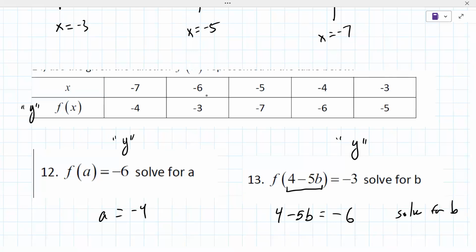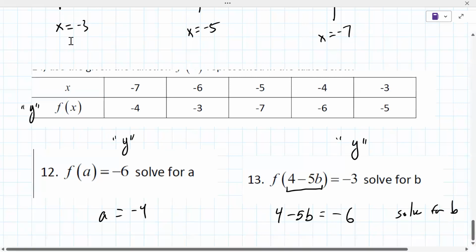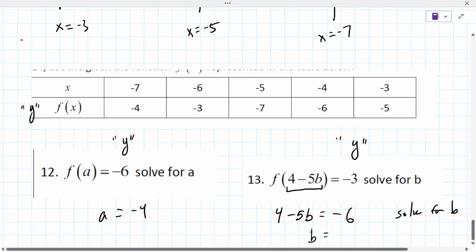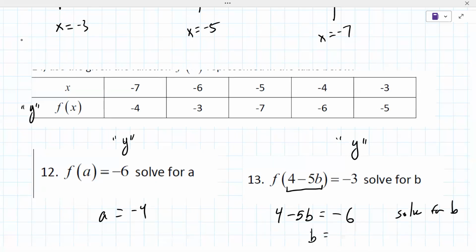So if you don't mind, would you solve that for b, please? Let's see. First off, it would be 5 equals negative equals 2/5. Try again. It does work out nicely.